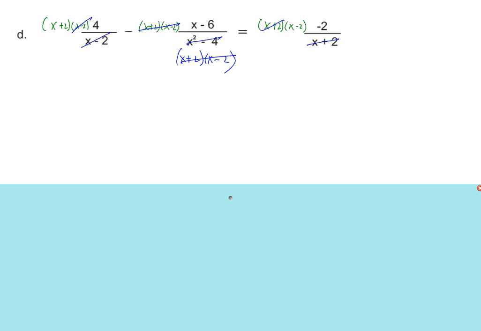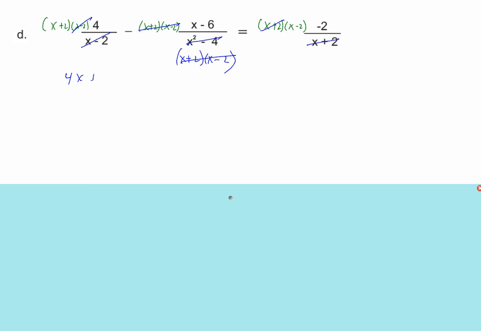None of the examples I gave you today are going to have extraneous roots. Just be careful. Sometimes you will. And there's no way I can show you every different variation, but it's the principle you have to learn. Get rid of the denominators and then solve the resulting equation. If it's quadratic, solve it as quadratic. If it's not, solve it as a linear.